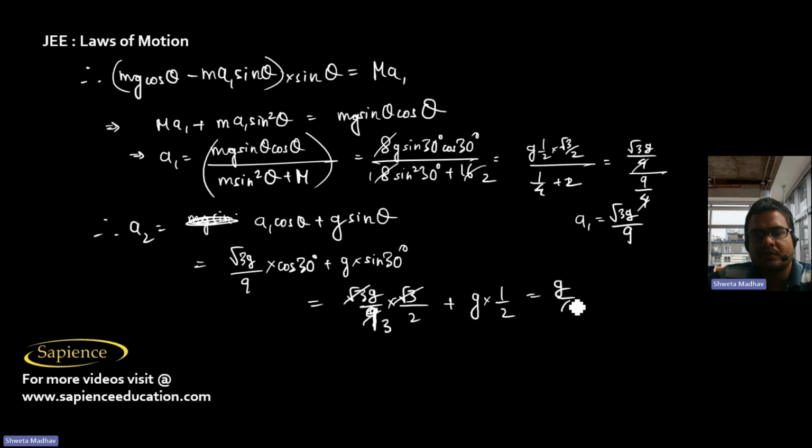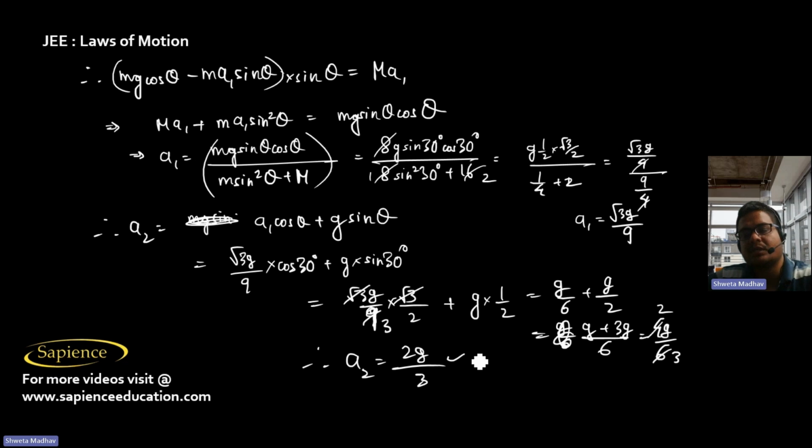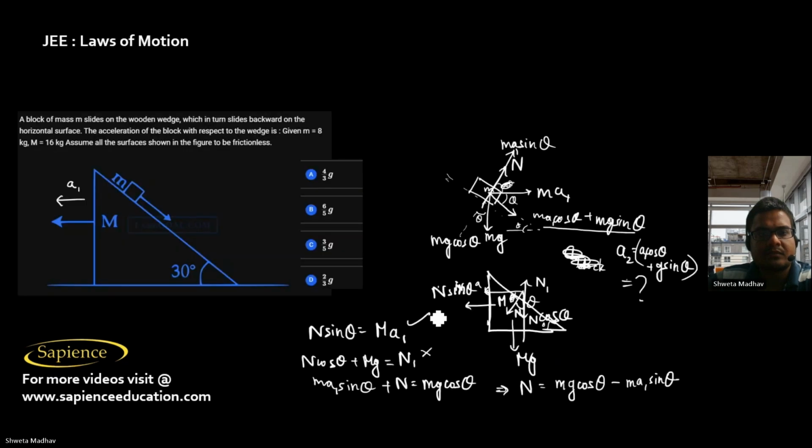So this is g by 6 plus g by 2. If you take LCM, this will be g plus 3g, that is 4g by 6. So therefore the acceleration a2 is 2g by 3. So the acceleration of the block relative to the wedge is 2g by 3. So option D is the correct answer.